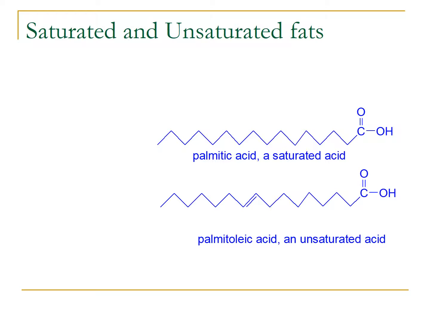Notice in the palmitic acid all of the carbon-carbon bonds are single. Contrast that with the middle of the chain for palmitoleic acid. You have a double bond there. And so the double bond means that that's an unsaturated fat or an unsaturated fatty acid.